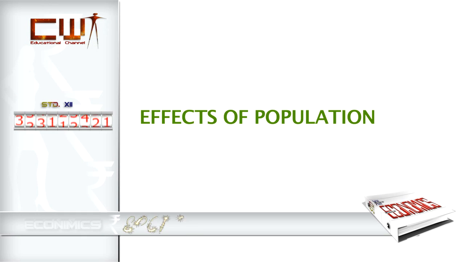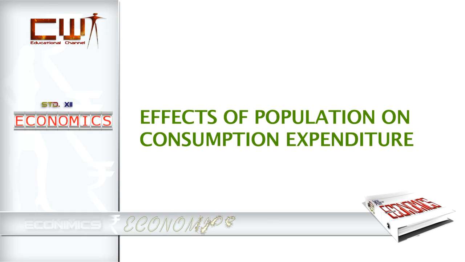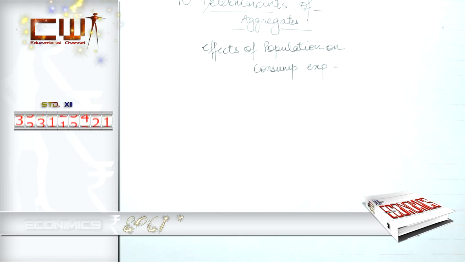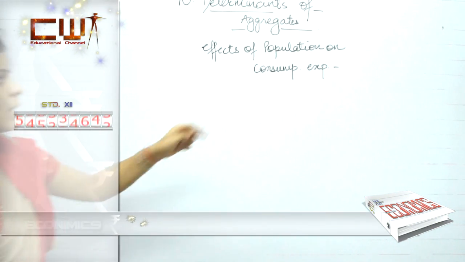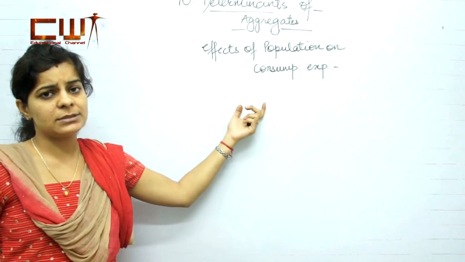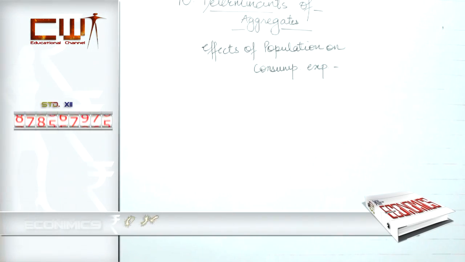Next is the effects of population on consumption expenditure. You will see the different effects of population on your consumption pattern or consumption expenditure. We have studied there are two types of consumption expenditure: one was autonomous, the other was induced consumption expenditure. It also includes consumption expenditure by the government.